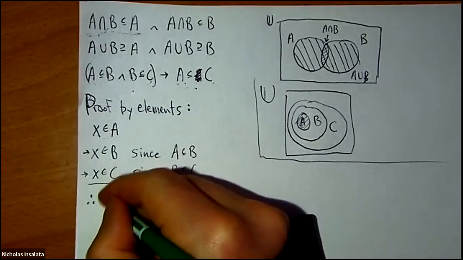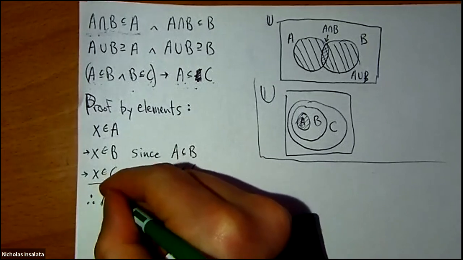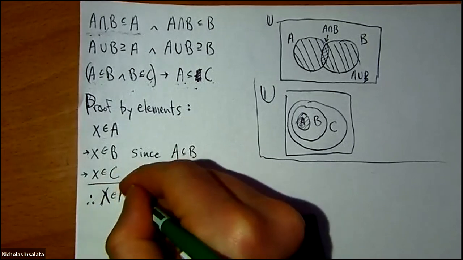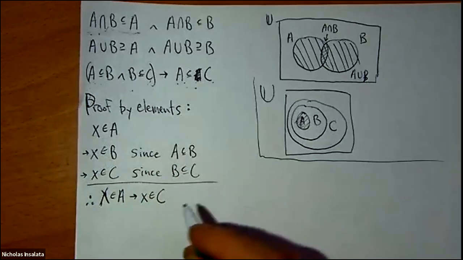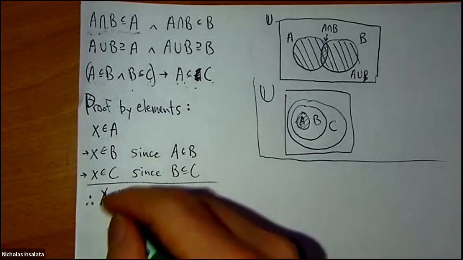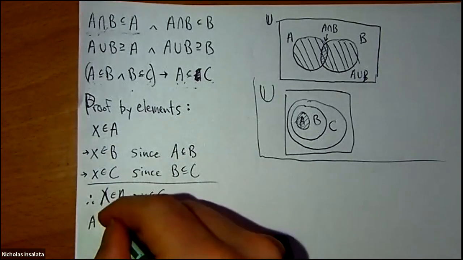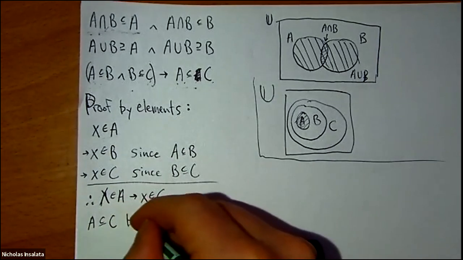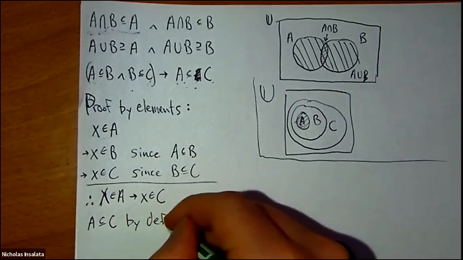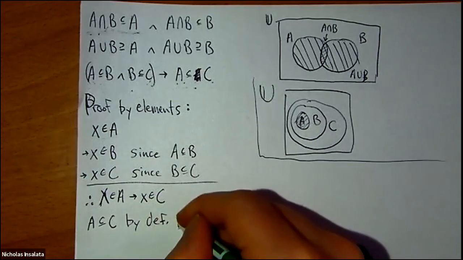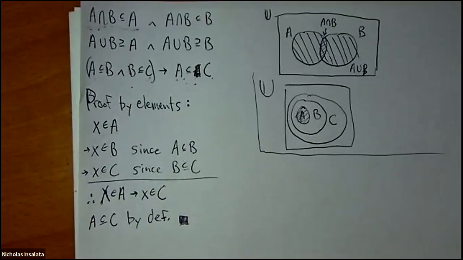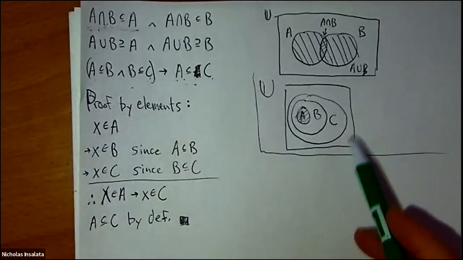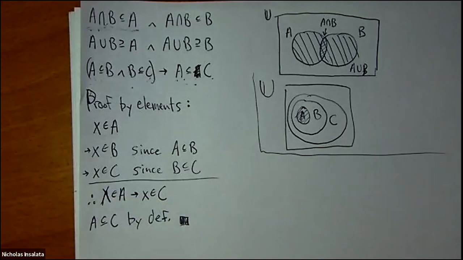I can conclude if X is in A, then X is in C, and therefore A is contained in C by definition. There's a proof by elements, right? A very different kind of setup than the visual picture, but of course the meaning is the same, right?